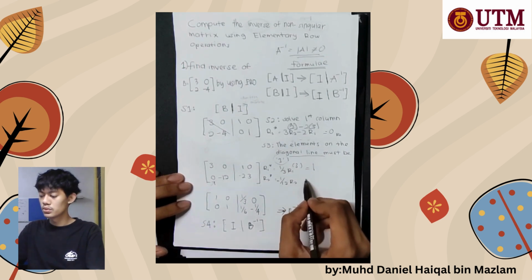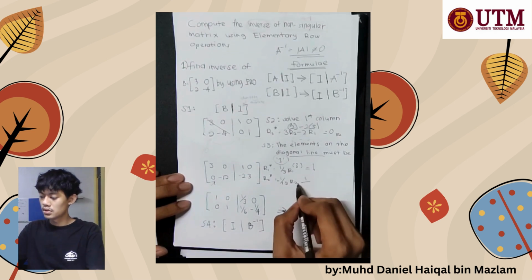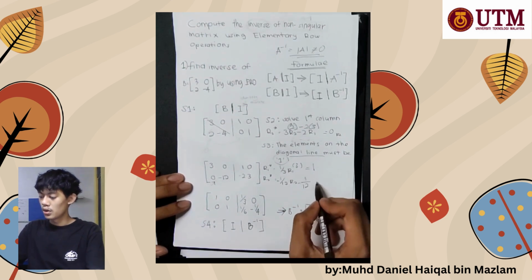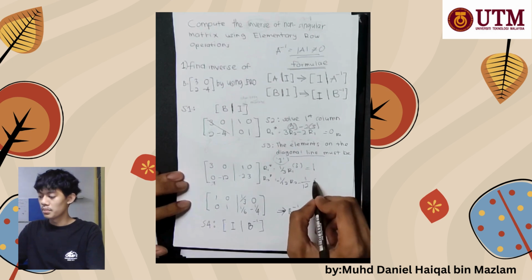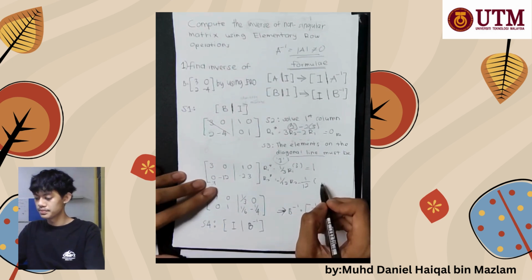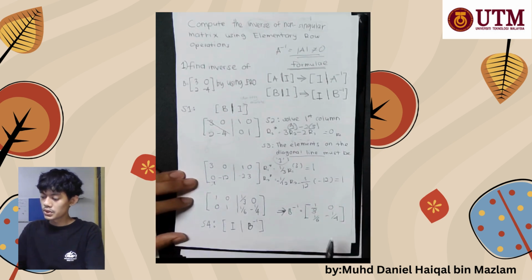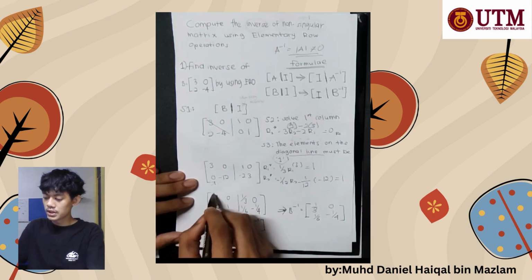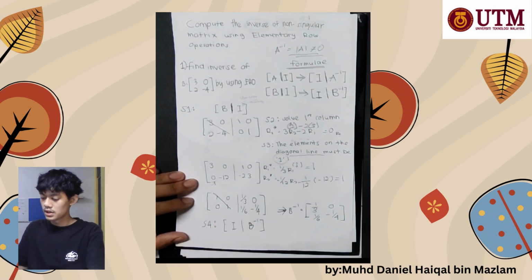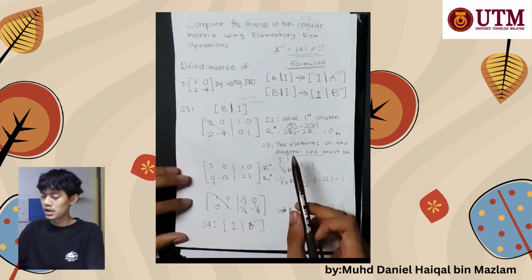And on row 2, 1 over 12 multiplied with row 2, negative 12, becomes 1. So here you can see the diagonal becomes 1, as I said just now.